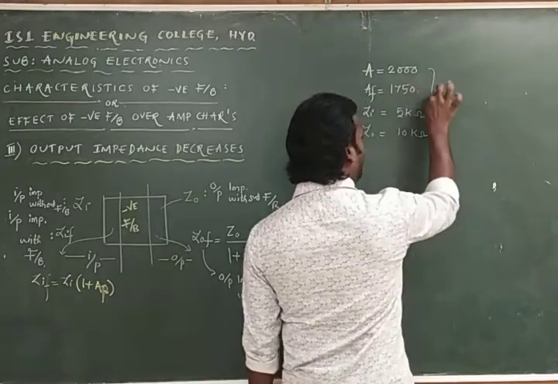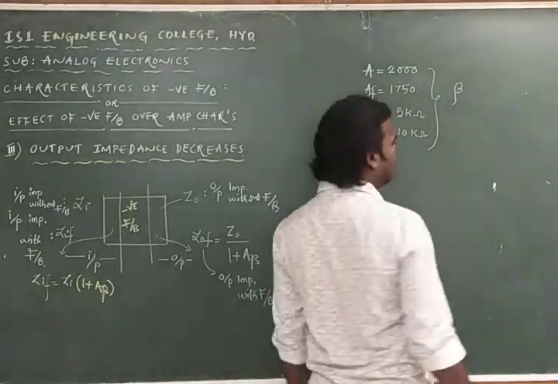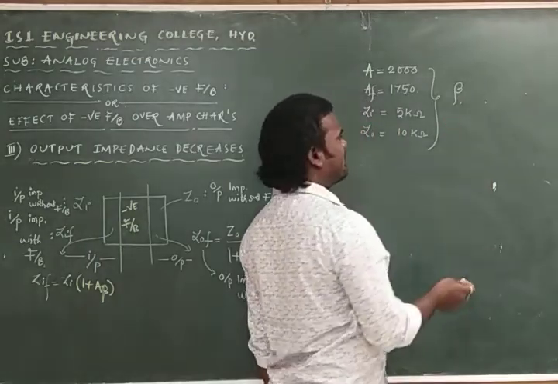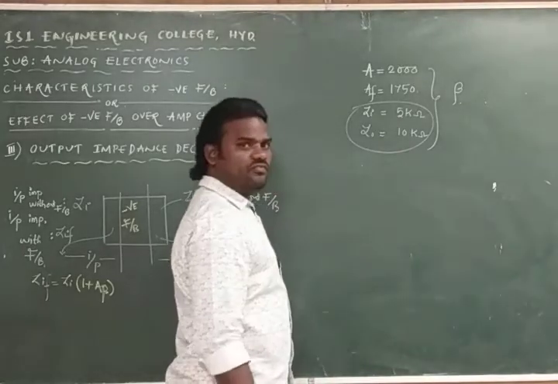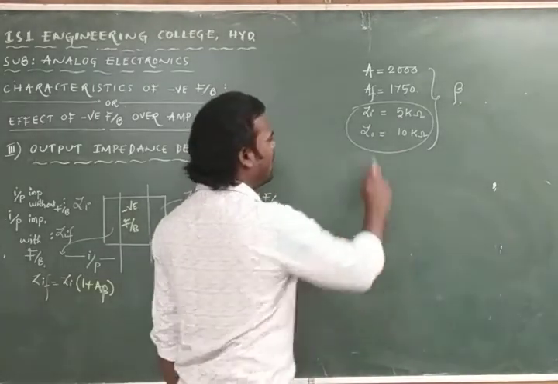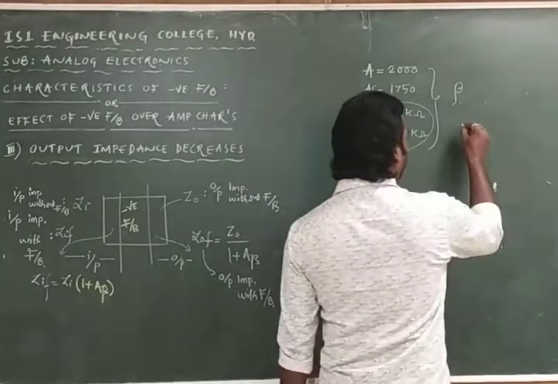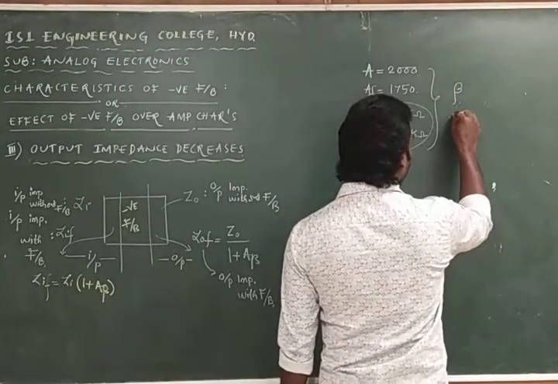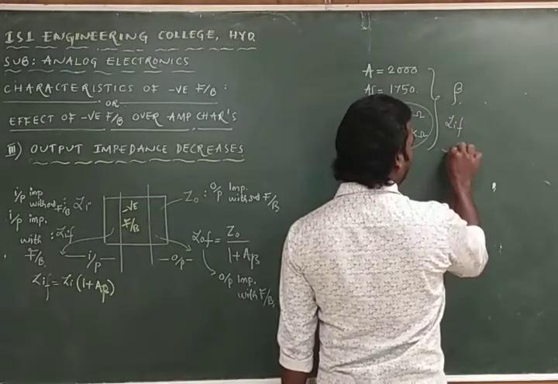Then what do we have to calculate now? We should calculate the feedback ratio beta and the effect of negative feedback over the input and output impedances, that will be ZIF and ZOF.